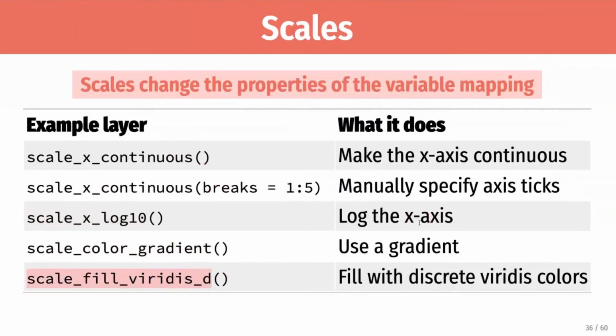It's perceptually uniform colors that are good for people who are colorblind, or if you're printing this on paper in black and white. This lets you change the actual colors of the fill or the points or whatever. You can set your own axis ticks. So if we said scale x continuous and then breaks 1 through 5, you're going to have tick marks at 1, 2, 3, 4, and 5 just on the x-axis. So that's what these scales things do.